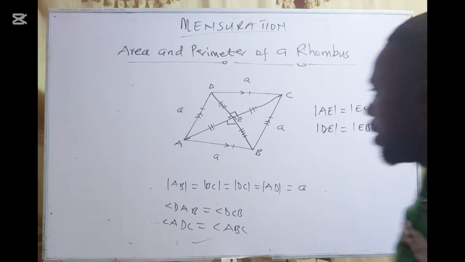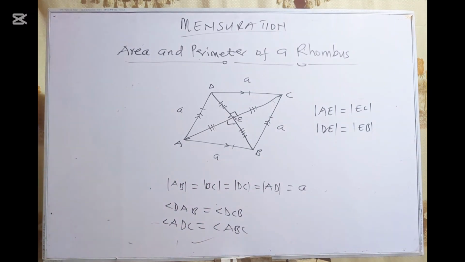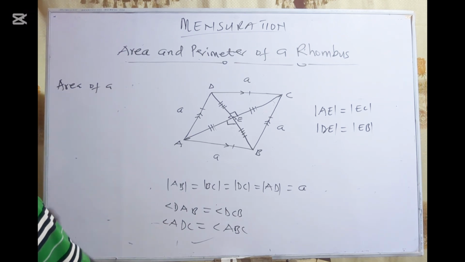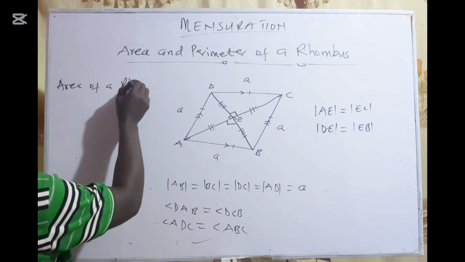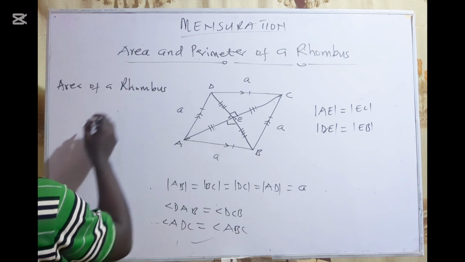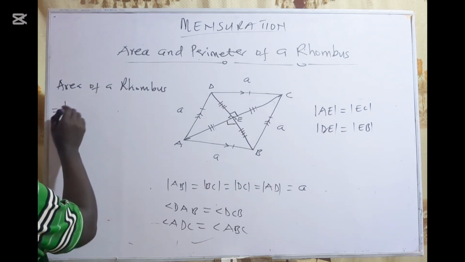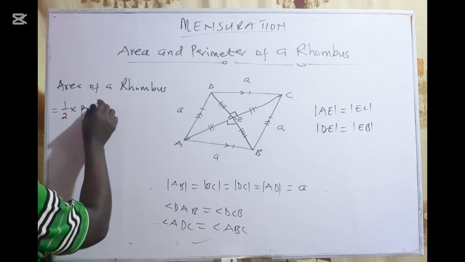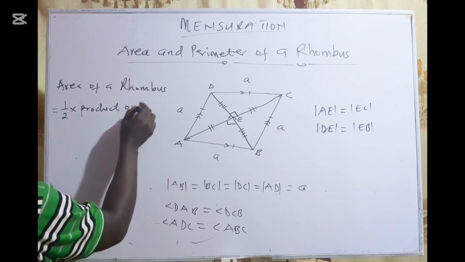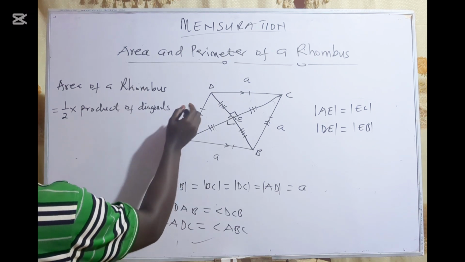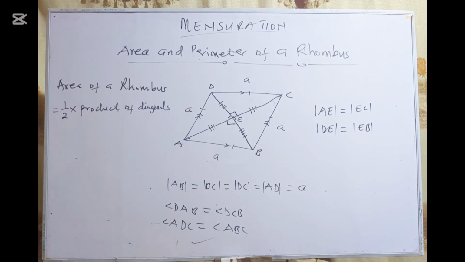So let's look at the area and perimeter of a rhombus. The area of a rhombus is half times the product of the diagonals.